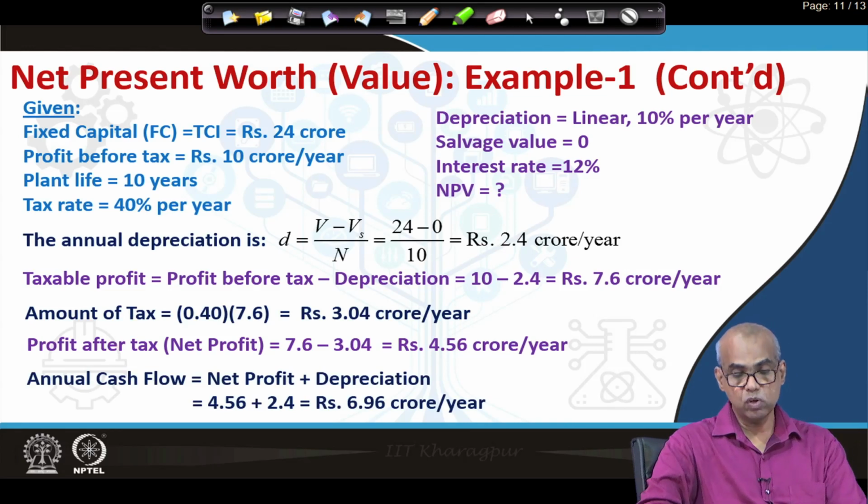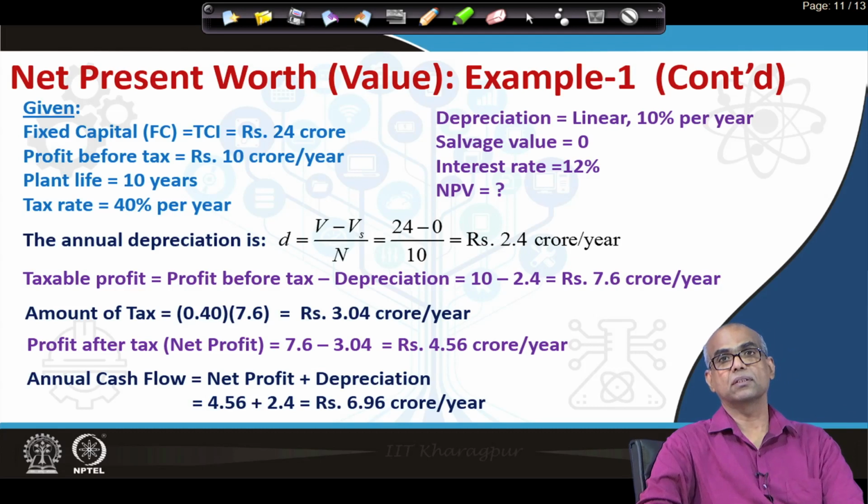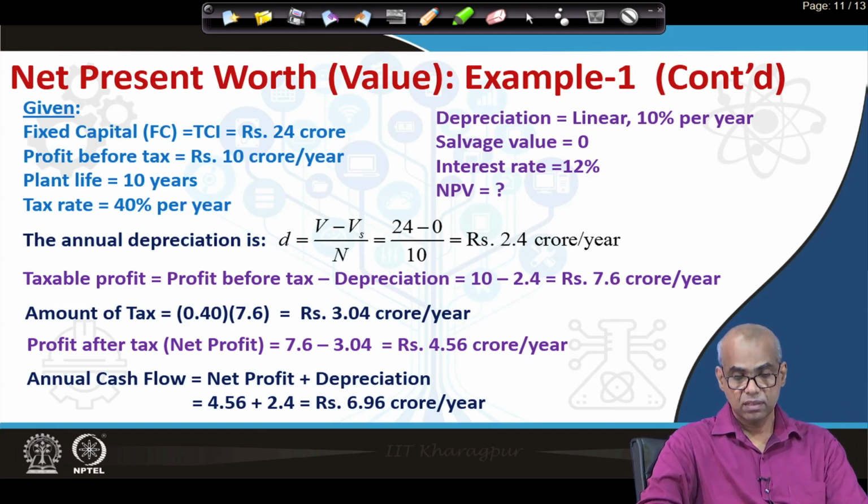The annual cash flow will be the net profit plus the depreciation. We have discussed that depreciation is a cash inflow to the corporate treasury. So, 4.56 plus 2.4 gives you rupees 6.96 crore per year. So, you have an annual cash flow of rupees 6.96 crore per year.